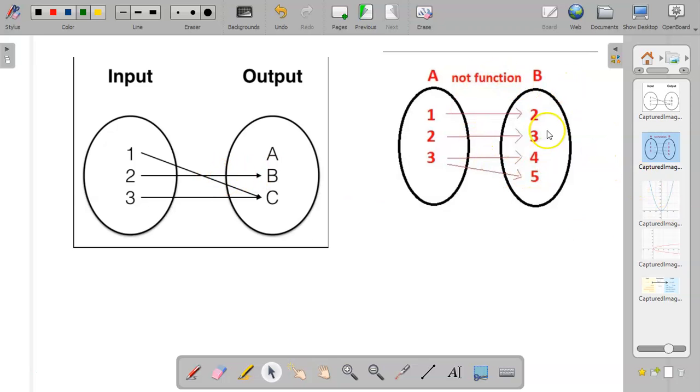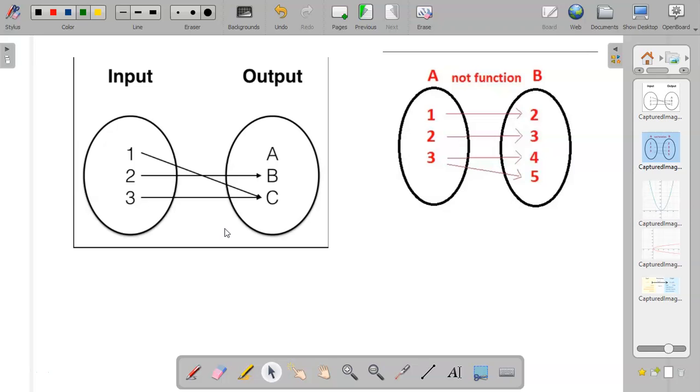But now if you look at the way I've drawn this, you can see here's my input 3. 3 is going to 4. 3 is going to 5. Right? So now you can see that this is not a function because I've got one input that gives me many outputs, and this is a function because I've got many inputs that give me one output, right?